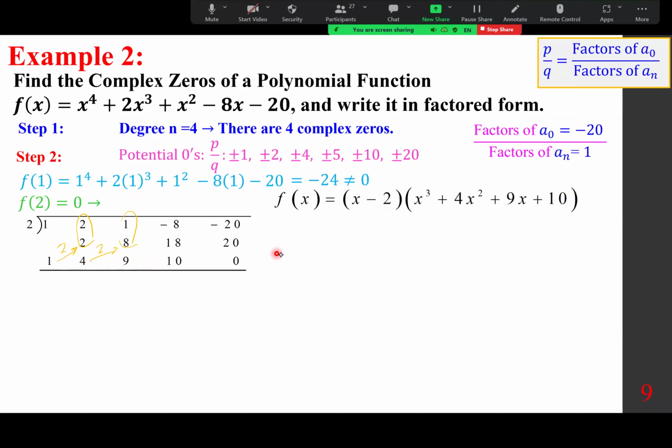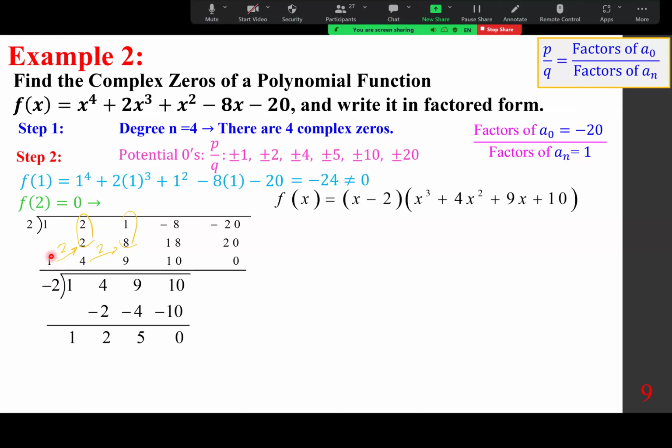Now, if this was of degree 2, you could do it by factoring or the quadratic formula. Either way is fine. Since it's of degree 3, we're going to continue. And since we don't want to waste time, we work with something that is going to work out: negative 2. Remember, these are potential rational zeros, so negative 2 will do the job.